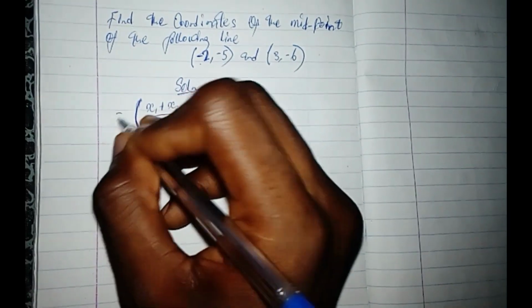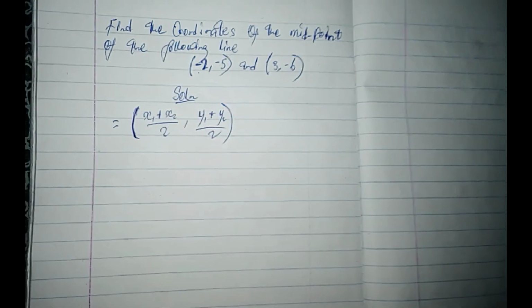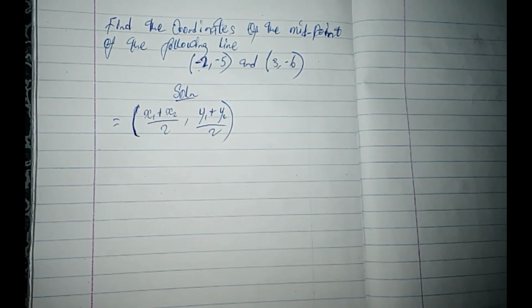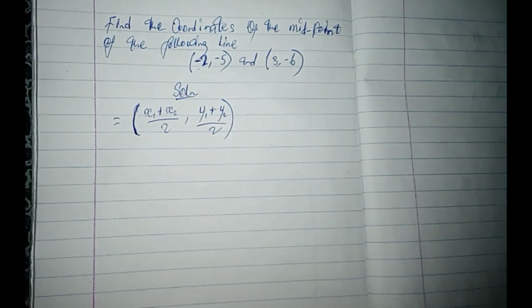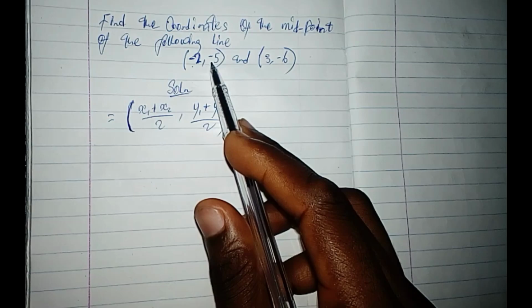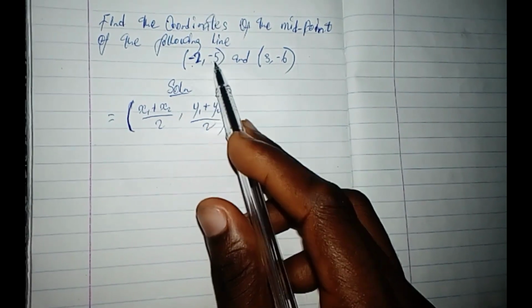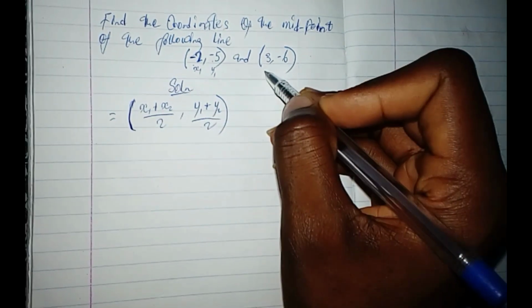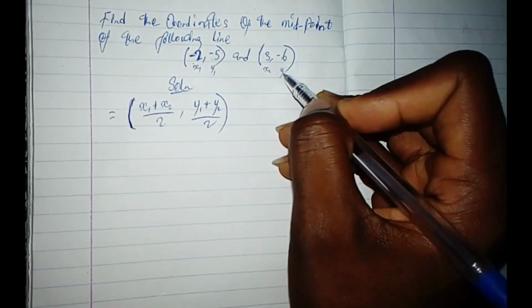And with this formula, we can solve for any midpoint of a line we are asked to solve. So going on with the question, it says (-2, -5) and (3, -6). From this, you know this is x1 and this is y1. This is x2 and this is y2.